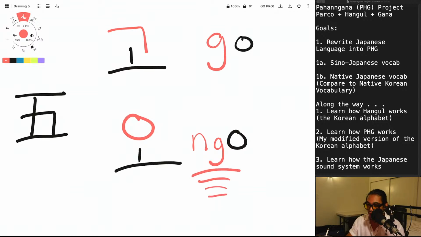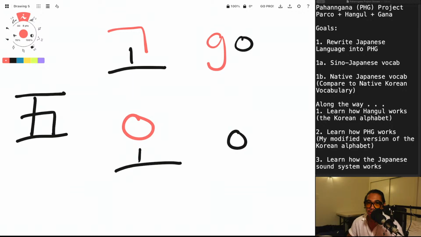That is ng for this initial, which doesn't have any pronunciation, but possibly in the early days of the Korean language, when they were getting all of the Chinese characters, maybe it was pronounced ngo. But now it is not pronounced at all, and it's just silent. So we are left with o. Awesome.